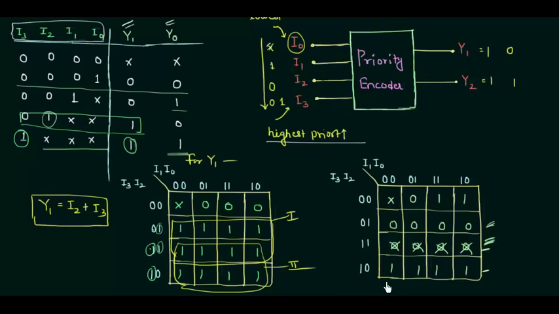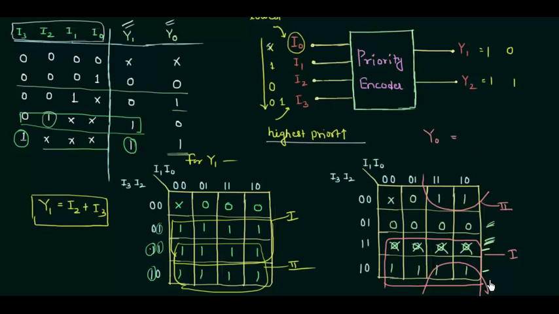I hope you are getting these things. I'm assuming that you know how to solve the K-map. So this is my first group and I have combined these 4 ones, the 2 ones are still left, so let's make the second group. This is my first group, this is my second group. So let's start writing down the minimized function.